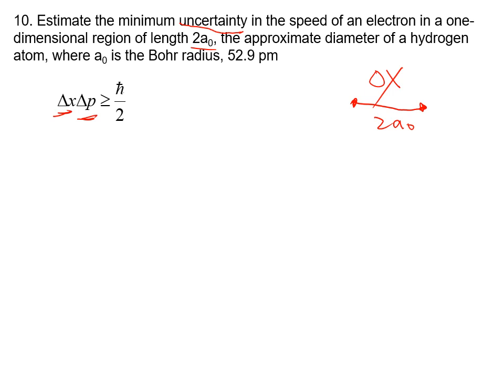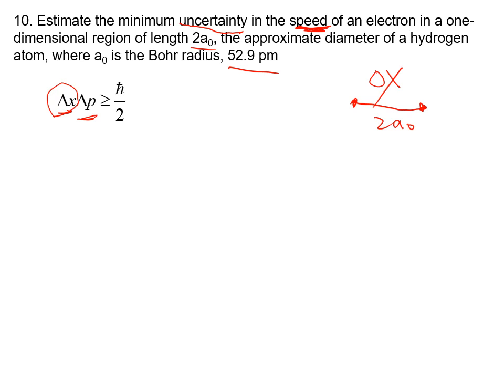It can be anywhere, and the length is 2a0. A0 is 52.9 pm. So we know delta x, and we want to know the uncertainty of the speed.